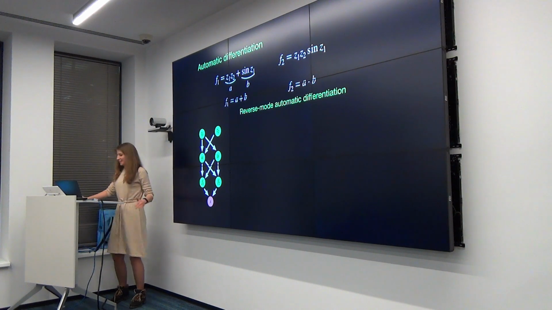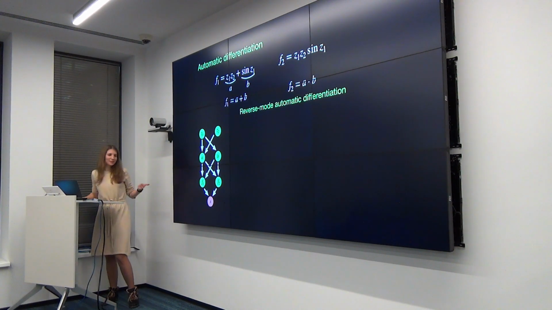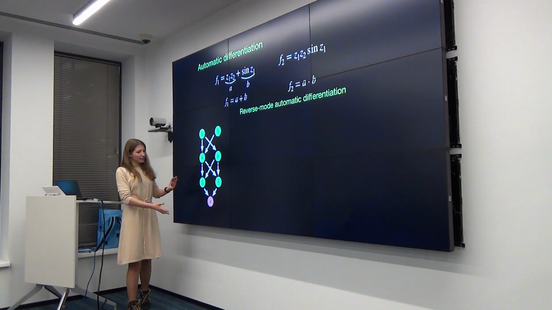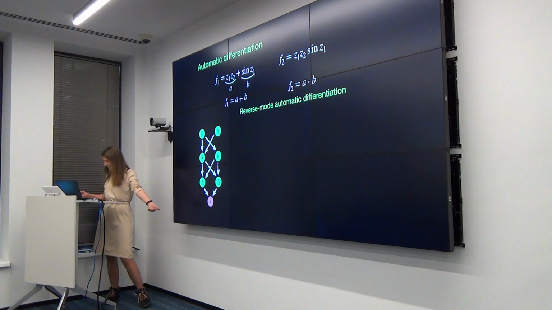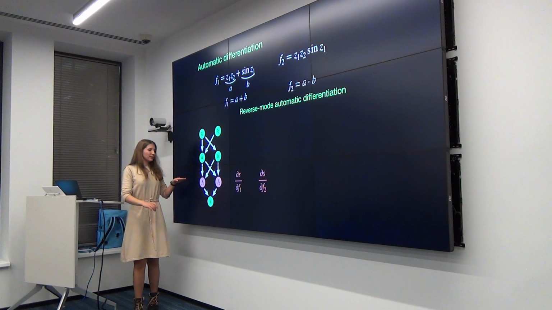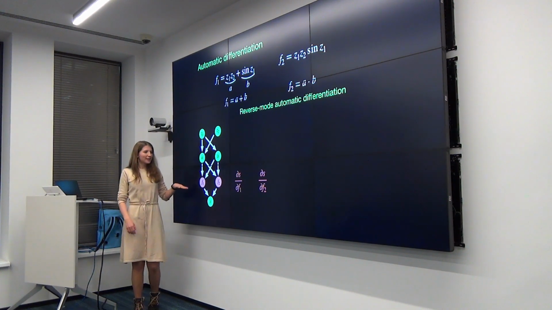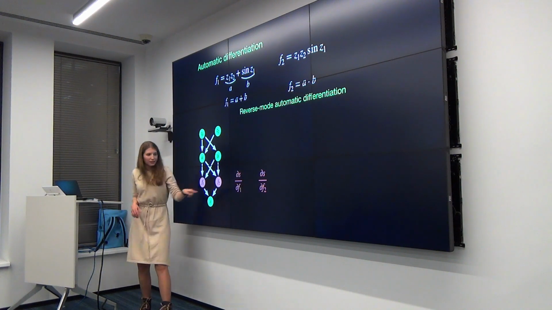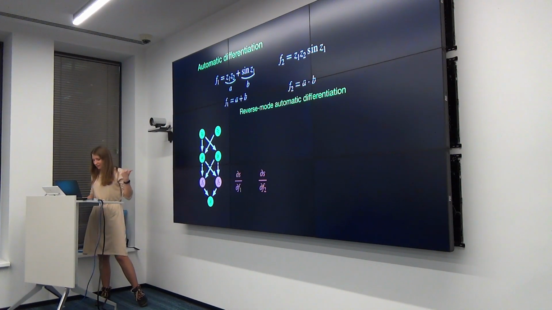Another way to differentiate: reverse mode automatic differentiation. Let's add S at the end of our graph. And now the input is here. We will set these derivatives later.